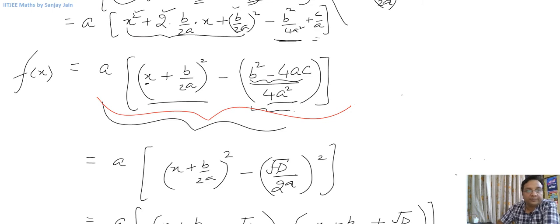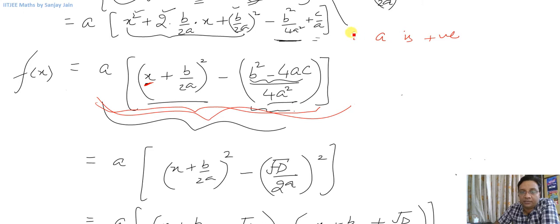All right, look at this. So this is the only term in this entire expression that is variable. So we can make changes or we can put various values of x. Rest of the things are constants. Okay. Now let us take two cases. When a is positive.